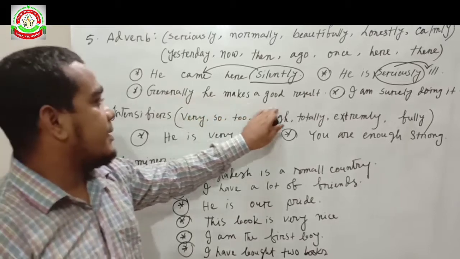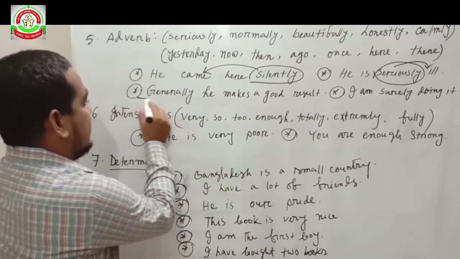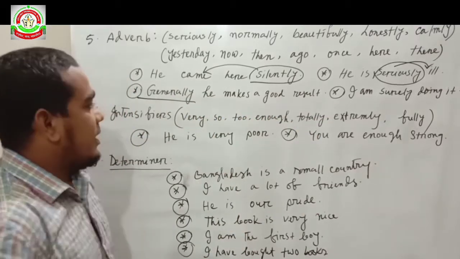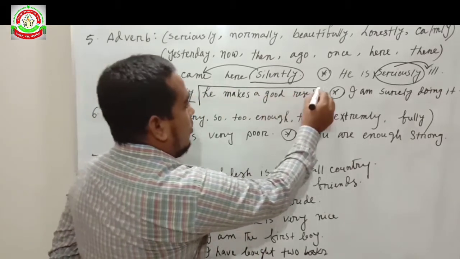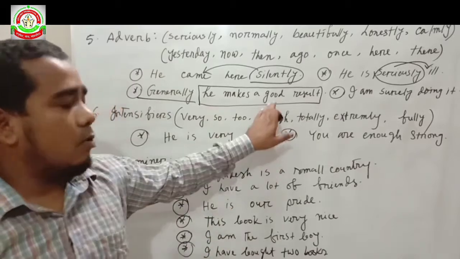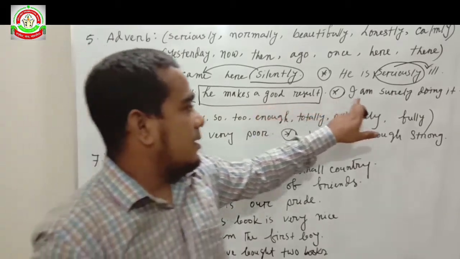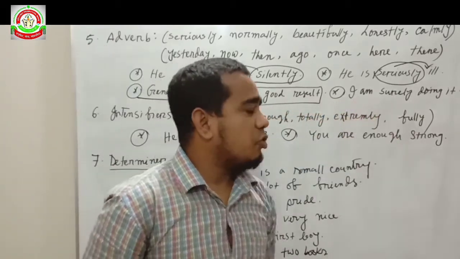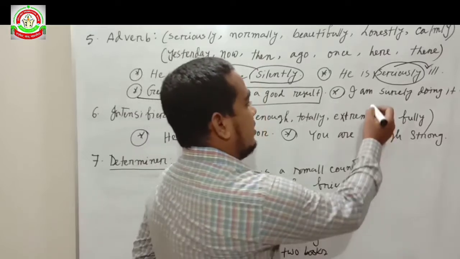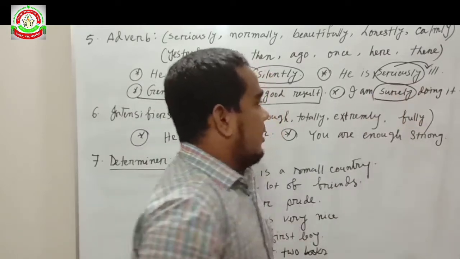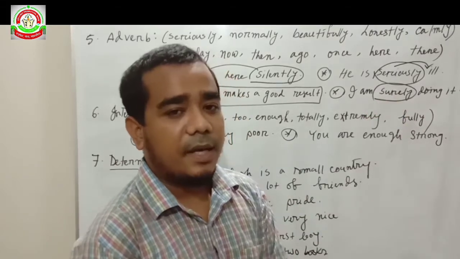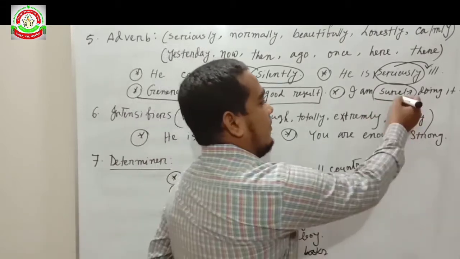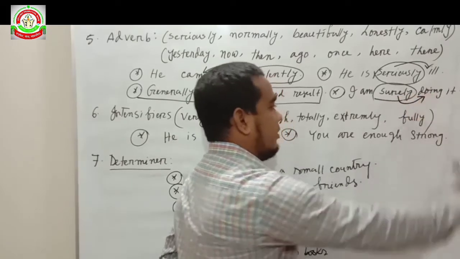Generally, he makes a good result. In this sentence, generally is an adverb, and this adverb pre-modifies the whole sentence. The last sentence: I am seriously doing it. Here, seriously is an adverb, and this adverb pre-modifies the verb do.